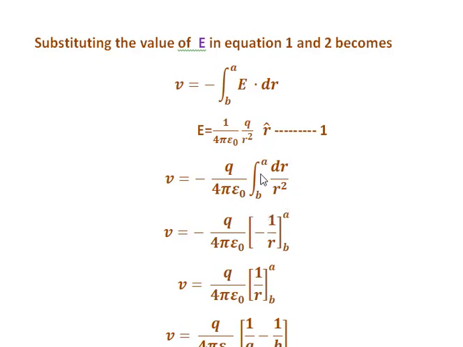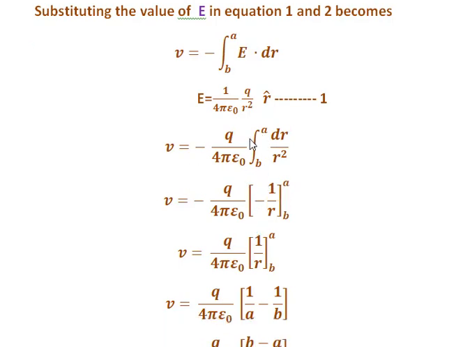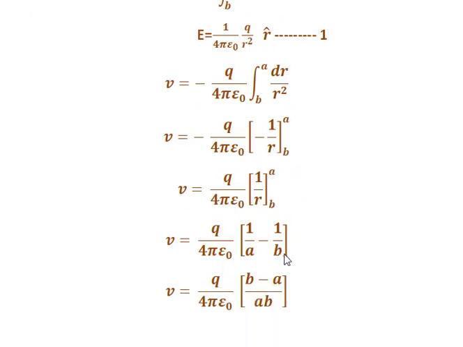We are integrating. On integrating 1 by r square, we get minus 1 by r. We are substituting the upper term, minus into minus, which is a plus. So the upper term is 1 by a minus the lower term 1 by b. On cross multiplication, b minus a by ab.